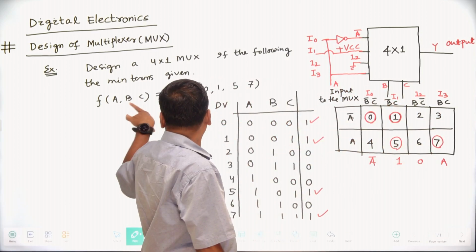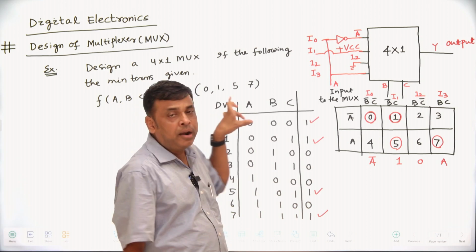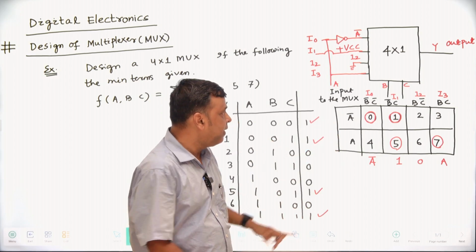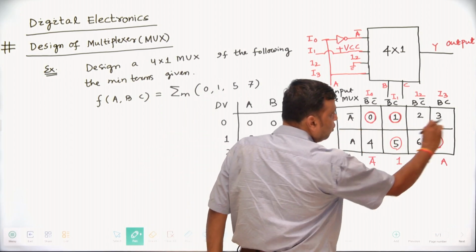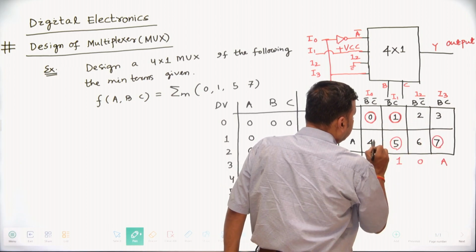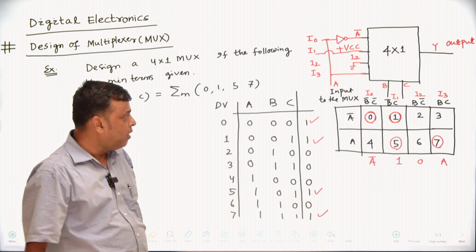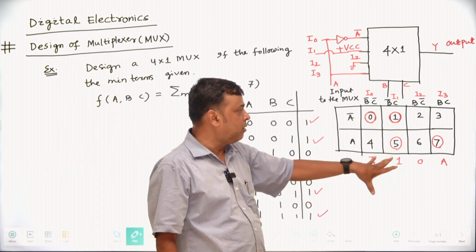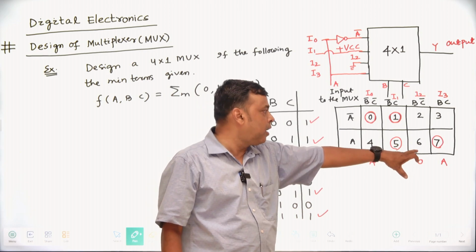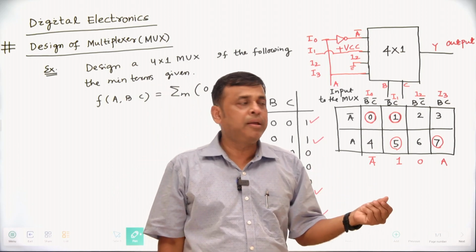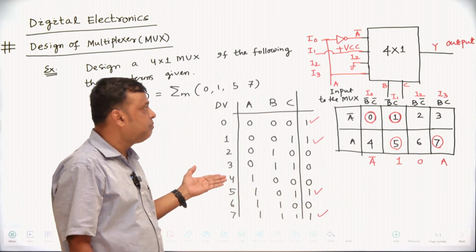If A, B, C are the three variables, and A, the MSB, is the input to the MUX, you can directly write down row-wise 0, 1, 2, 3, 4, 5, 6, 7. After writing this, you have to check whether your table is right or wrong. Select any value and check whether your table is properly designed.